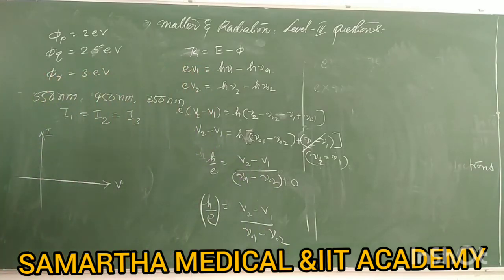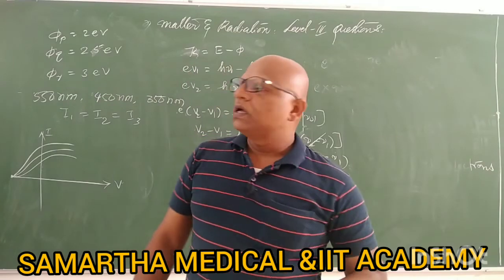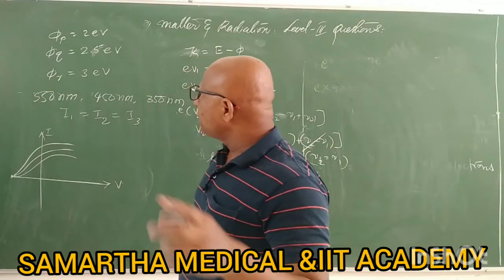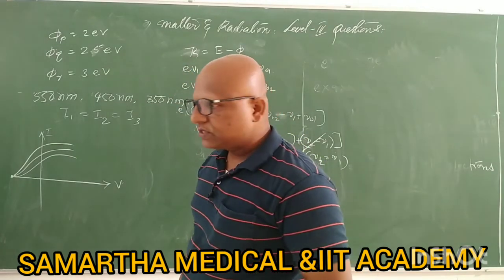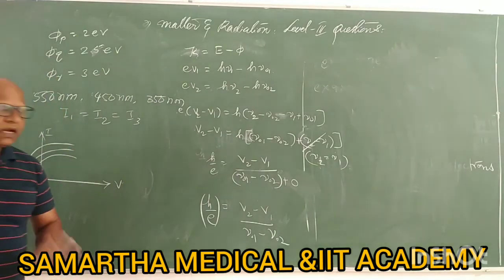The first graph has all curves originating from a single point. That is possible only if a single metal is used. With three metals there must be three different stopping potentials, and the work functions are also different. That's why I think there is an error in the material.